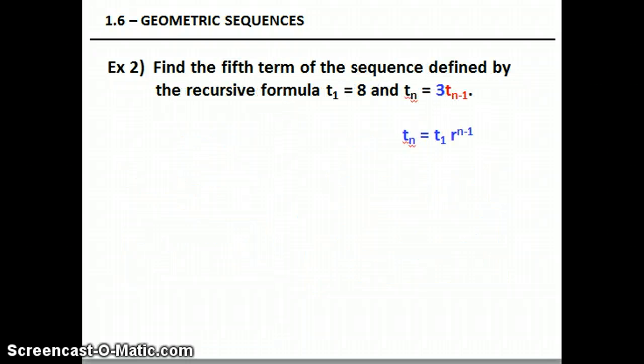Let's try a few. Find the fifth term of the sequence defined by the recursive formula that's given right here, and our first term being 8. Okay, easy enough. We know what our formula is. It says the fifth term. We're looking for T sub 5 equals T sub 1, our first term, which is 8, times r. What are we going to do for our r? Well, we look at our recursive formula here.